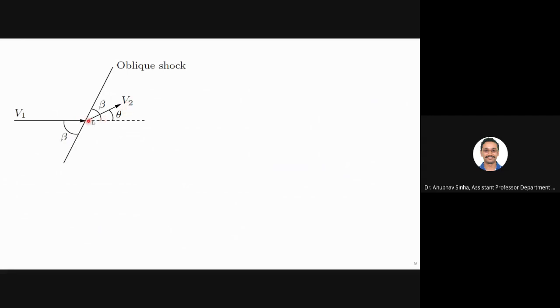So let us say it deviates from its path by an angle theta. Is this fine? The shock is at an angle beta and the velocity vector of the incoming flow is changing by an angle theta. Is this clear to everyone?